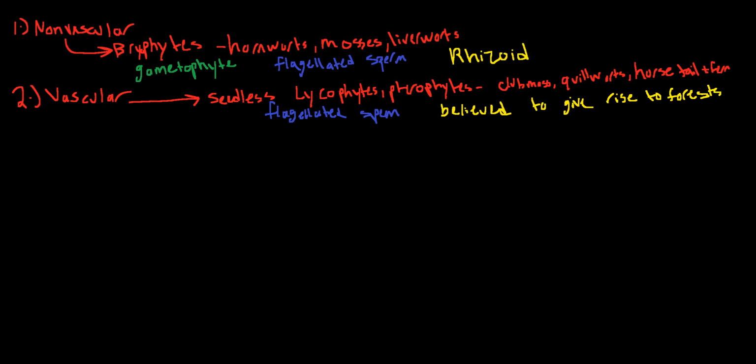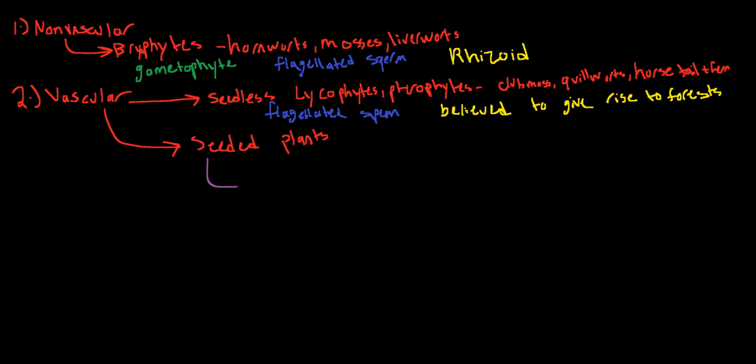Okay, so now we've done the seedless portion of vascular plants. Now we have the seeded plants, the ones that have seeds. This is where it gets a little bit interesting, because we also have two types of seeded plants. Let me use purple.